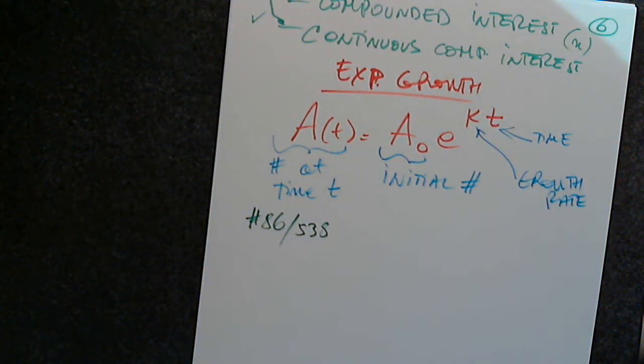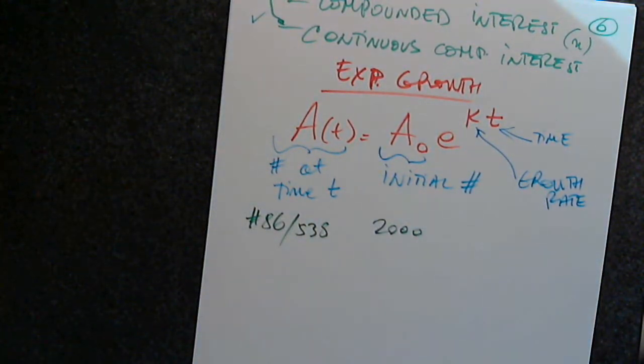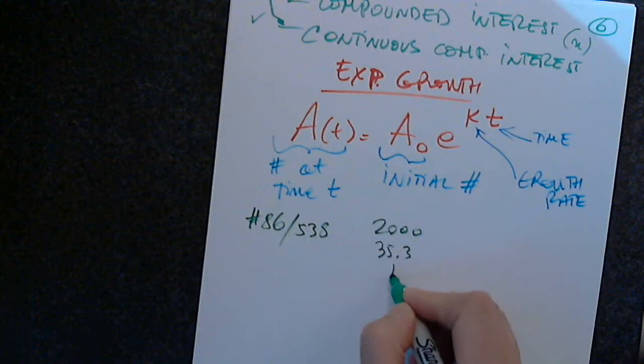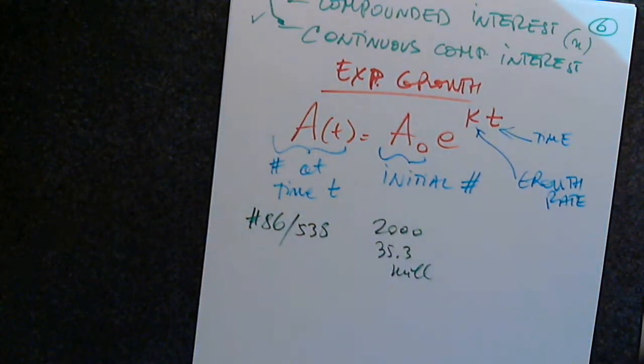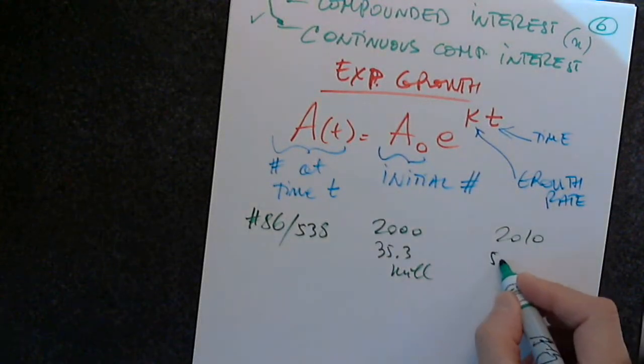According to the U.S. Bureau of Census, in 2000 there were 35.3 million residents of Hispanic origin living in the United States. By 2010, the number had increased to 50.5.